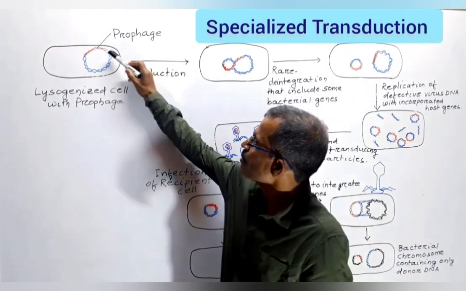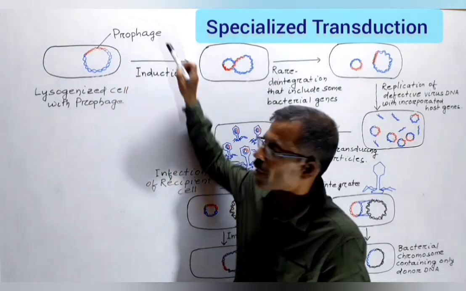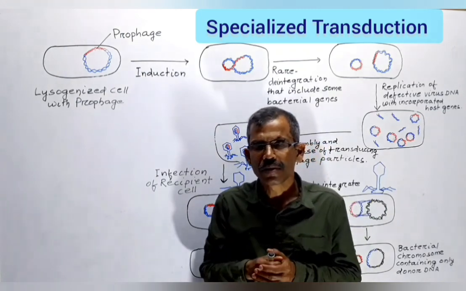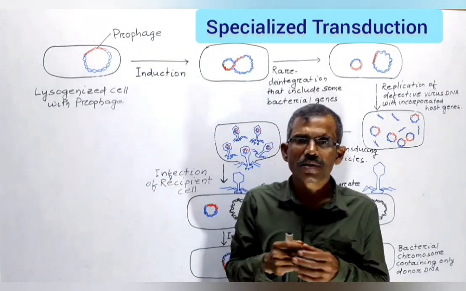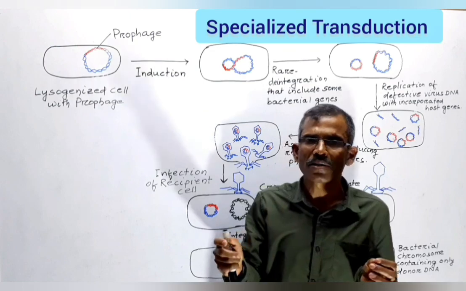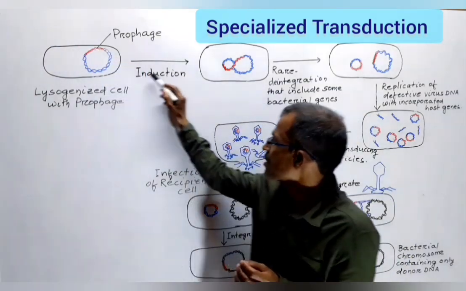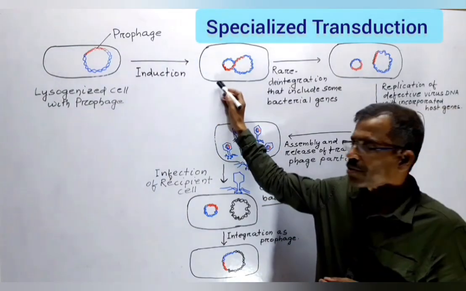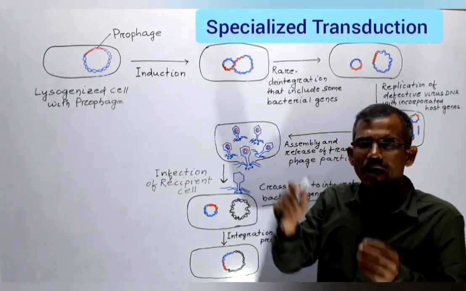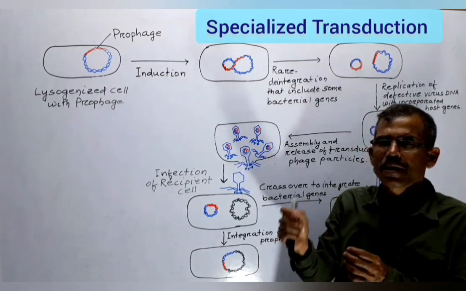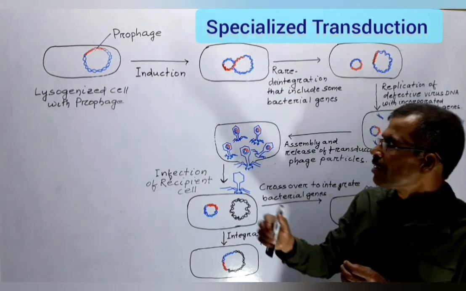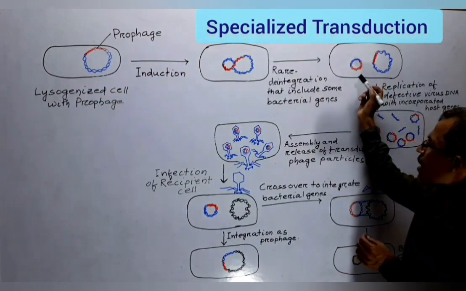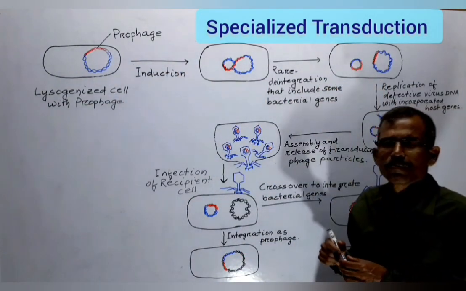This inserted phage genome is called a prophage, which remains inactive for many generations. Under certain conditions, including UV irradiation, the prophage is induced to leave the host chromosome. This induction results in rare deintegration or delysogenization, that means the prophage is excised or separated from the host chromosome.